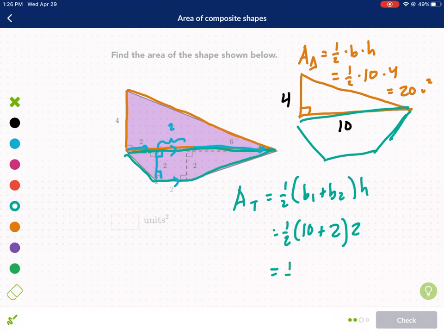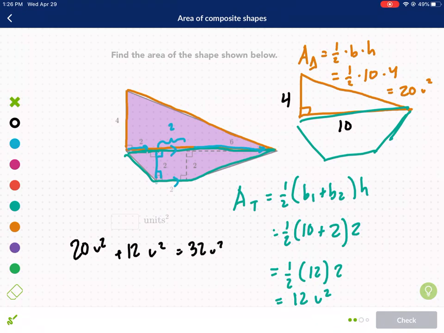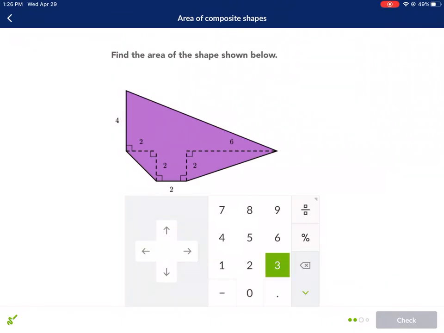So we have 1/2 times 12 times 2. 1/2 times 12 is 6, times 2 is 12. So 12 units squared is our answer for the trapezoid. And we need to add the two. Once we add 20 from the triangle plus 12 from the trapezoid, we get 32 units squared.